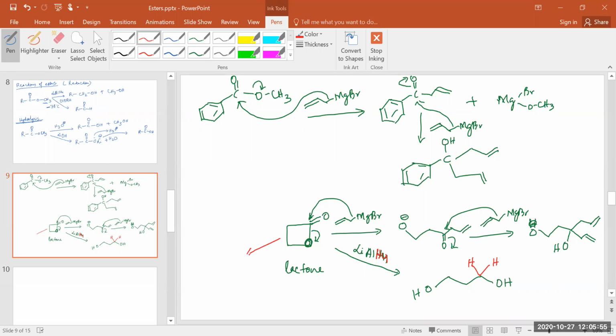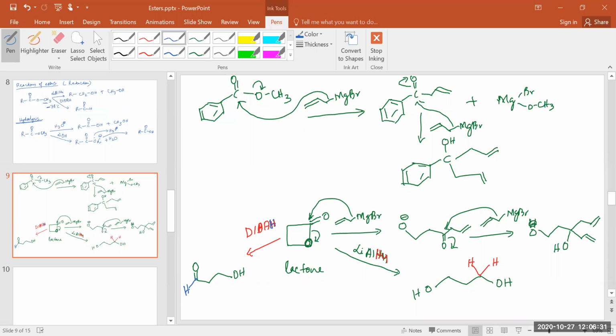Similarly, if you have DIBAL-H, and the H of DIBAL-H is like this, then you will have an aldehyde, and the H of the aldehyde will come from the DIBAL-H.